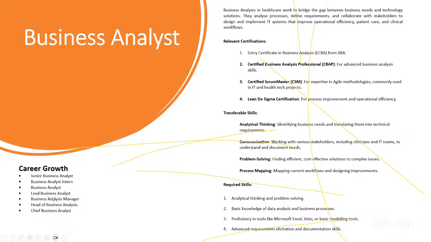You can move on to become the senior business analyst, lead business analyst, BA manager, head of business analysis, and chief business analyst. So these are also potential roles for people to look at, in terms of, okay, I'm not going to be stuck here. I actually have a clear plan of where I am going as a business analyst.